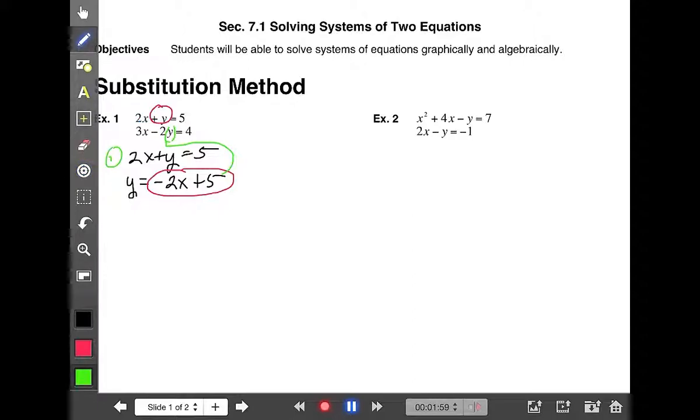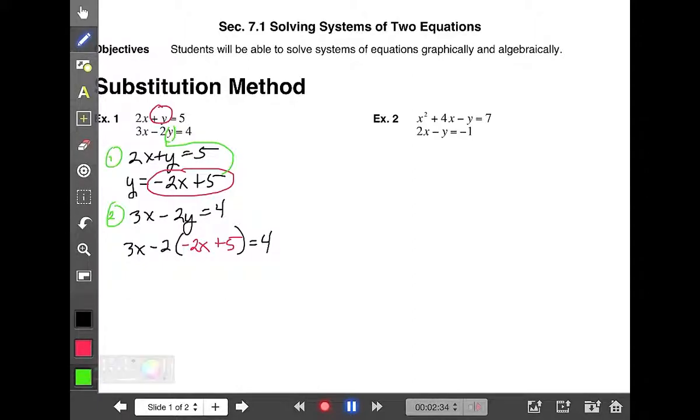So step 2, we are going to take, not the 2x plus y, we want the 3x minus 2y equals 4, and we are subbing in the value into that y. So we get 3x minus 2, and instead of y, we're putting in negative 2x plus 5 equals 4.